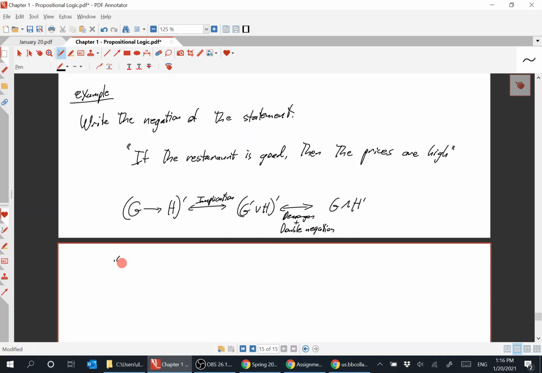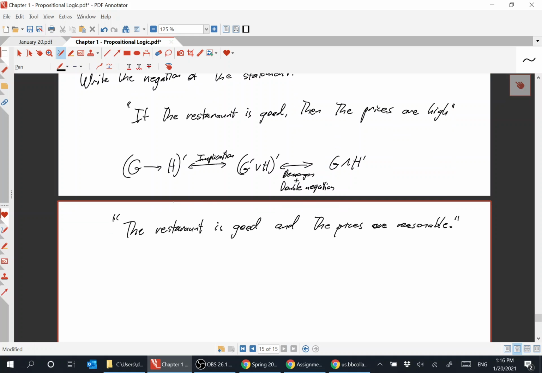Right, so now you translate back into English. So if the restaurant is good, then the prices are high. The negation of that is the restaurant is good, and the prices are reasonable. Or whatever other ways you can use conjunction.